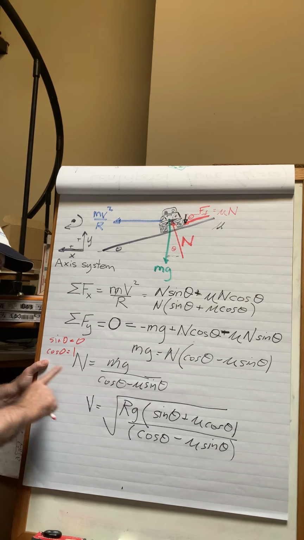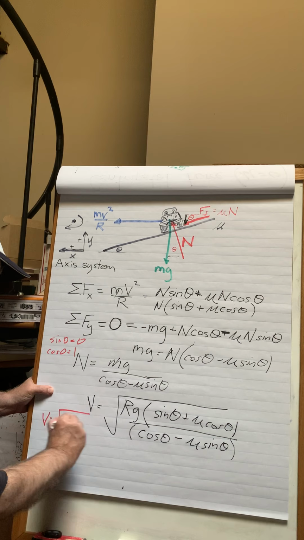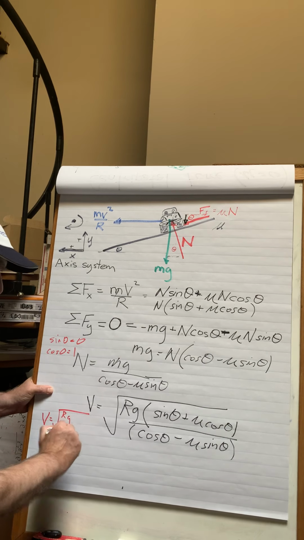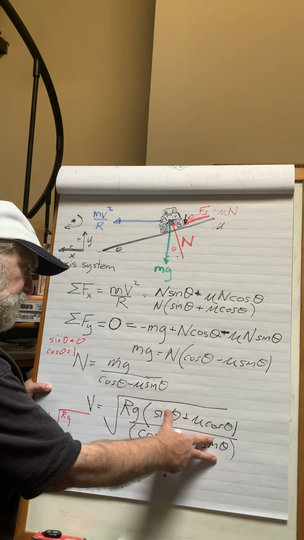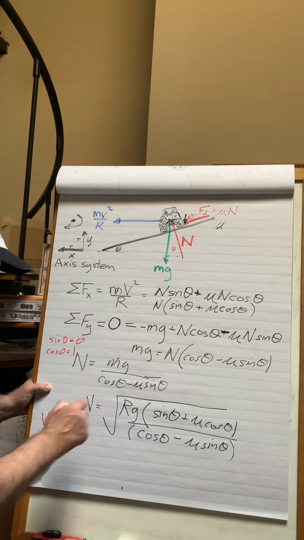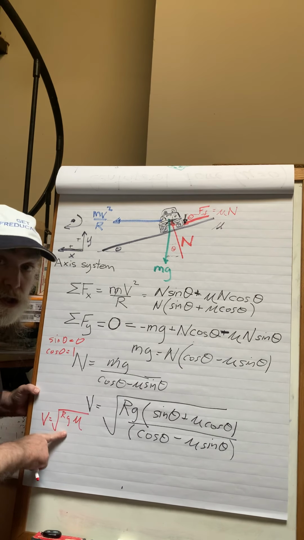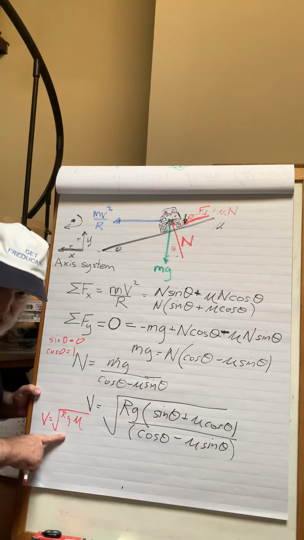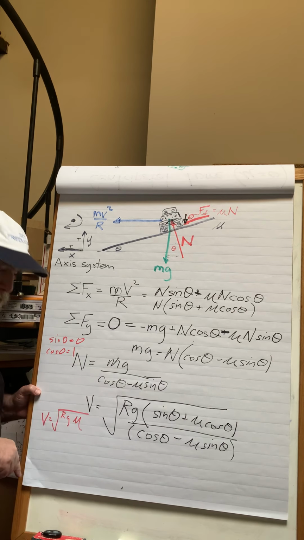So when theta is 0, the velocity will be the square root of rg, and the sine of theta is 0, so these terms are 0, and I get mu cosine theta over cosine theta, which are both 1, so I get mu. That's the level surface with friction, no bank angle. And that's what we got when we did it a couple of videos ago.